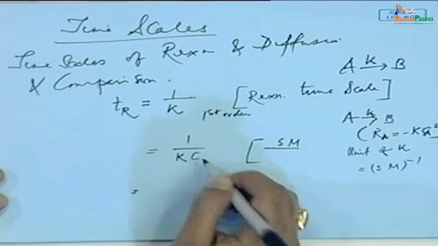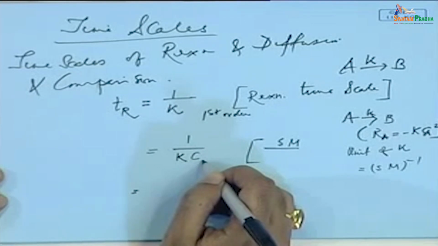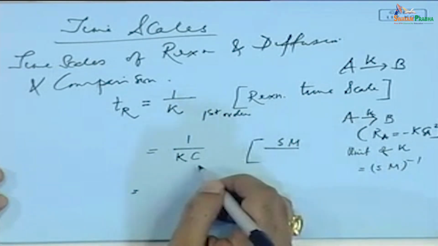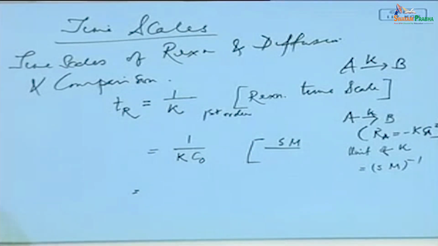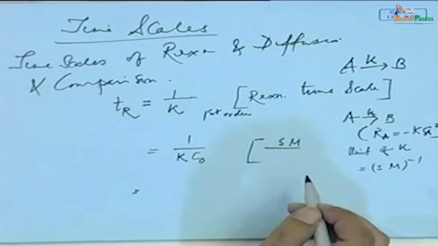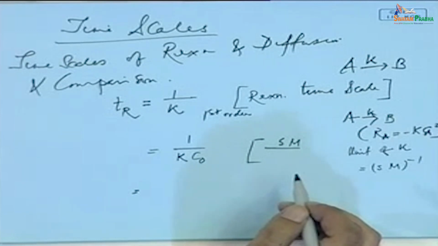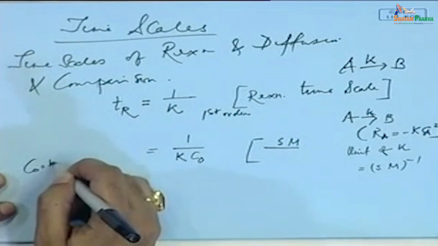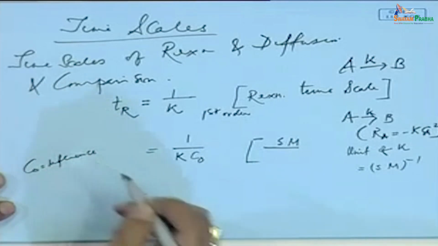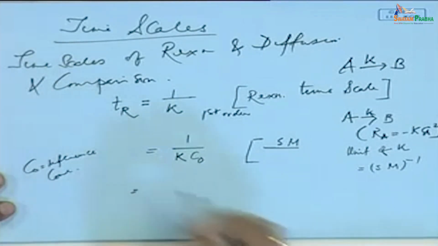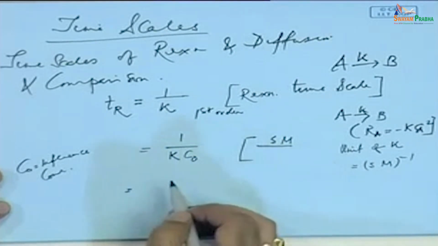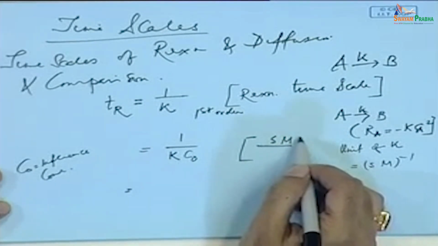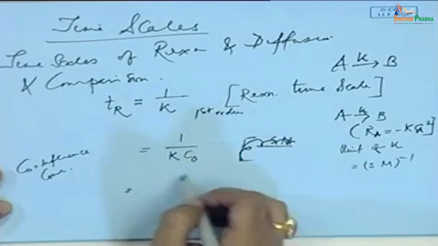So, you will have k C, and you have to divide it by molar to get time. So, you put a k C naught. What is C naught? It is some reference concentration. It could be the initial concentration typically. Again, this is the unit of time.